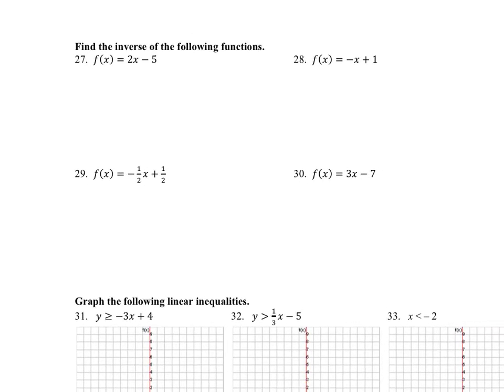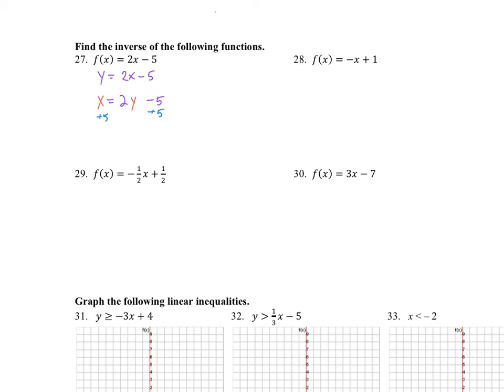Finding inverse. Remember, a key step here is to switch x and y. Step 1 was to rewrite the problem with y instead of f of x. But then just switch x and y. Nothing else moves. So this becomes x equals 2y minus 5. So switch x and y and then solve for y. So I'm going to add 5 to both sides.